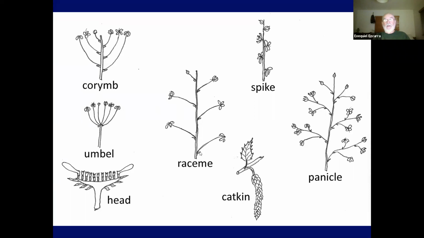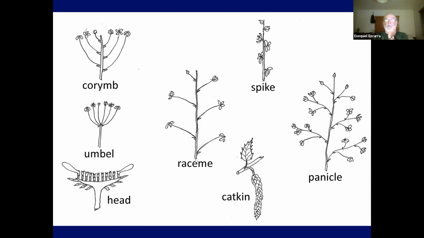Now, there's a lot of variation in inflorescence types. We will start here with the first and most simple type of inflorescence. You have a stem that produces reduced leaves known as bracts, from which pedicels branch off and each gives a flower. So it's a stem with flowers branching off from the stem. This is probably the most typical type of inflorescence, and it is known as a raceme.